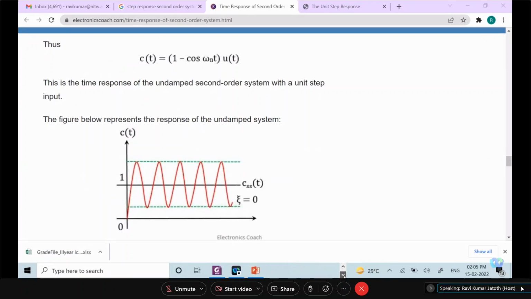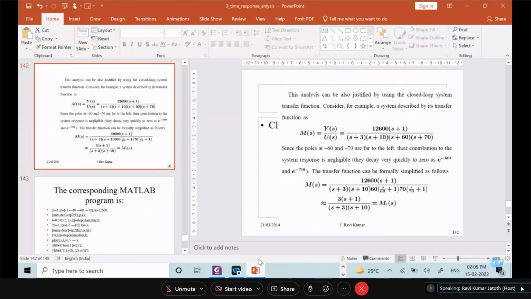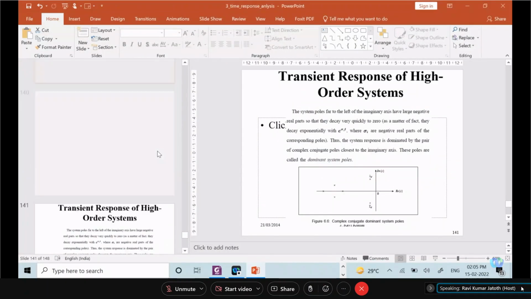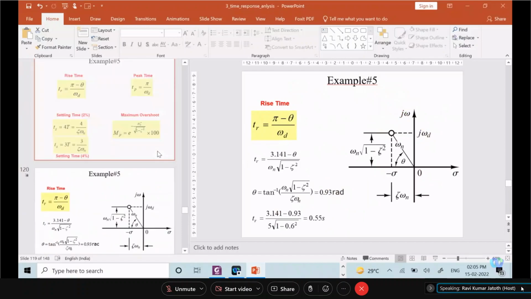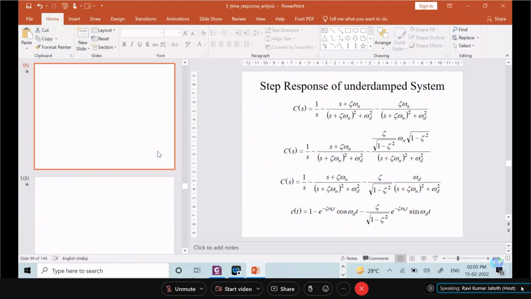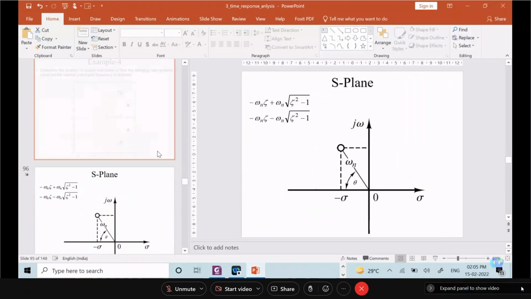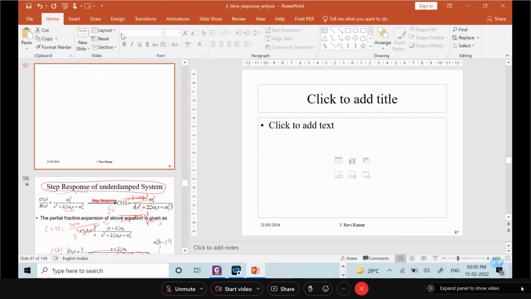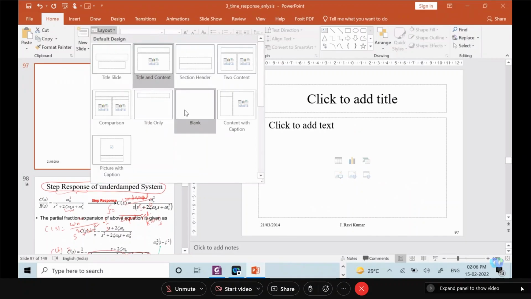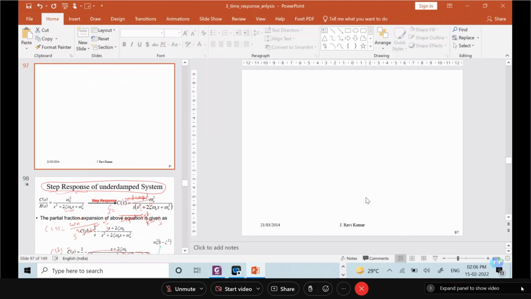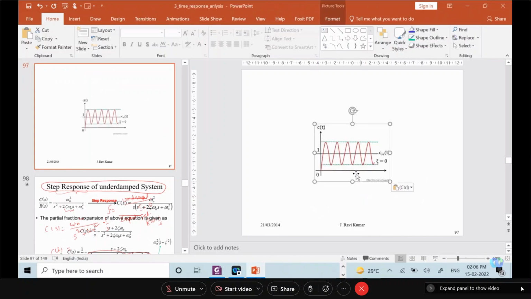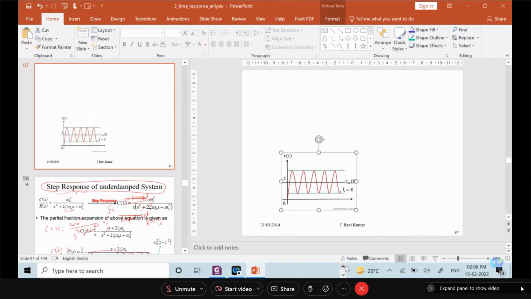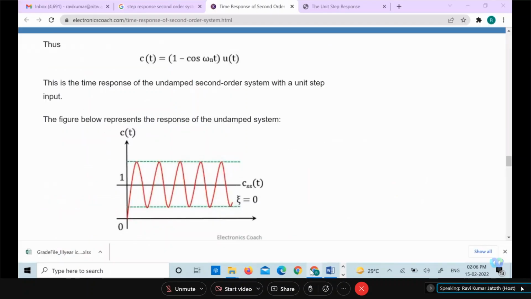So by seeing the inverse Laplace transform itself, we can say, I hope now you can understand.